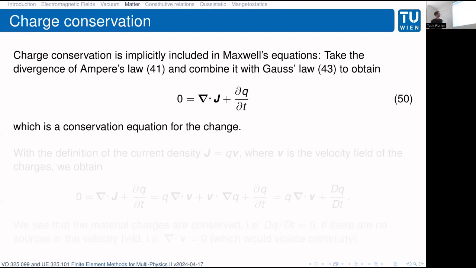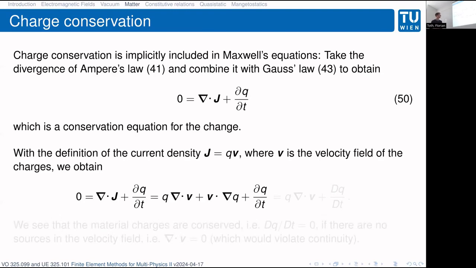And you can basically see this if you take the divergence of Ampere's law and combine it with Gauss' law. So the divergence of the curl is 0. That's why we have the 0 here. So what remains is the divergence of the current density J and the time derivative of the charge density, which in fact is a conservation equation for the charge. Let's look a little bit more in detail.